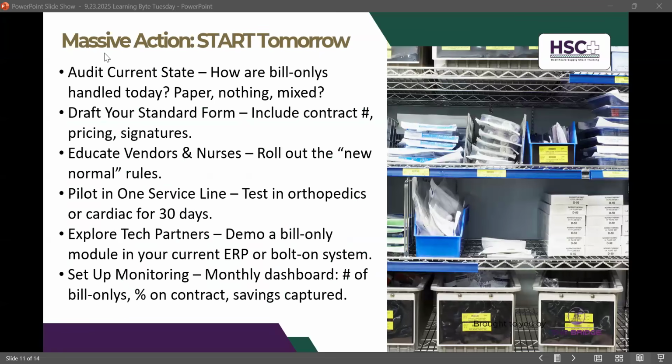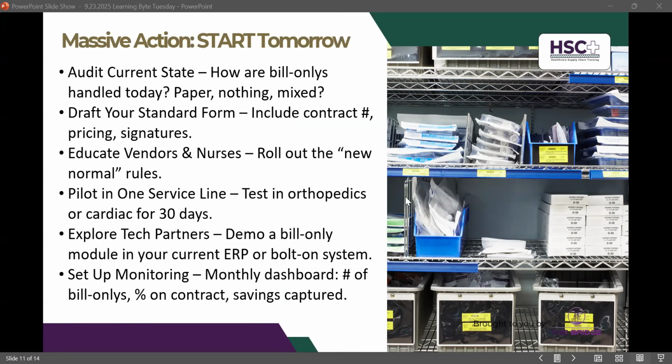So for your massive action starting tomorrow, I'm going to give you guys a massive action checklist. I want you to audit your current state. How are bill onlys handled today? Are they paper? Is there nothing? Is there a mix? Who enters the requisition? All these things. I want you to document what your current state is. And I want you to draft your standard form.